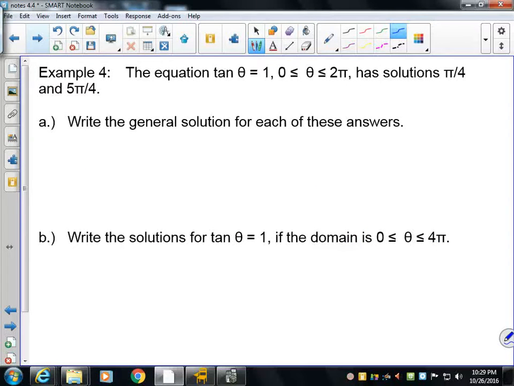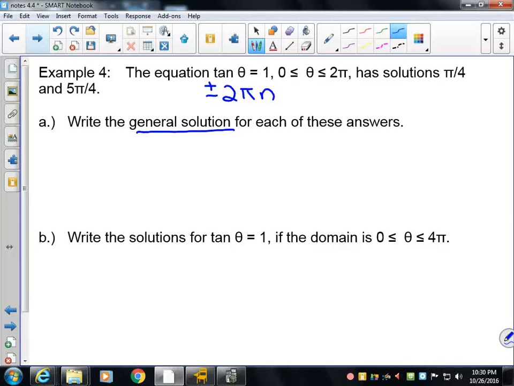The equation tan theta for 0 to 2 pi has 2 solutions, pi quarters and 5 pi quarters. Write the general solution. So the general solution is the all-knowing kind of solution. So when we think about it, it's basically plus or minusing 2 pi. And so we always add or subtract 2 pi n, because n stands for a number that's 1, 2, 3, it's a whole number, right?